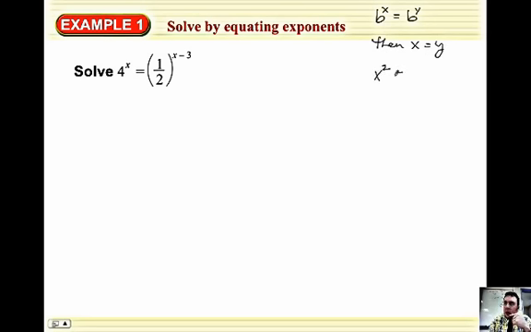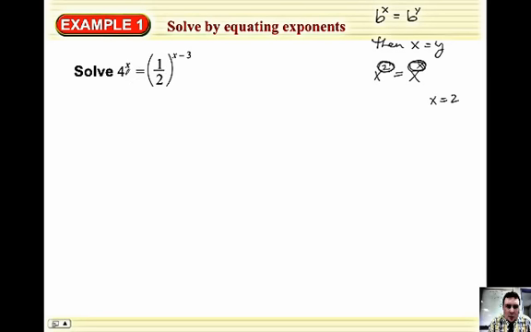Since they're the same base, this would have to equal this. That looks a little confusing, but you get the idea, right?